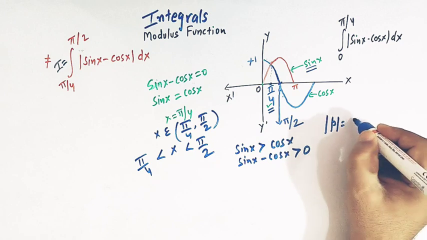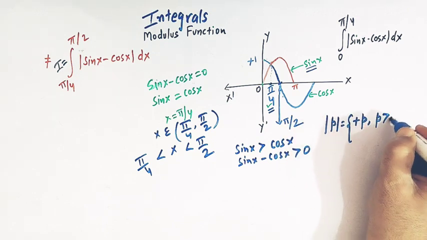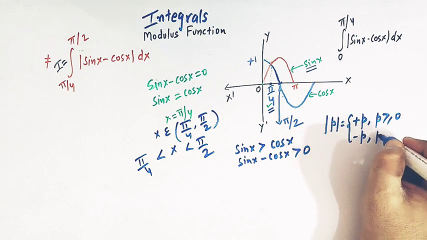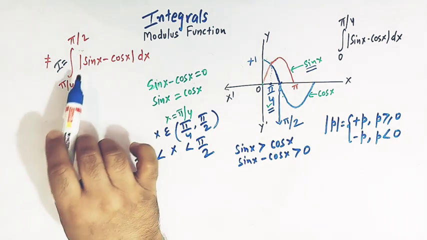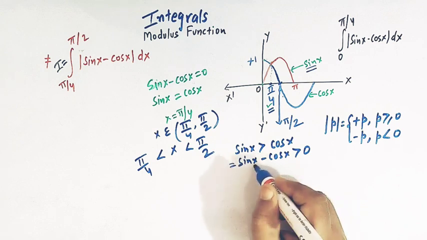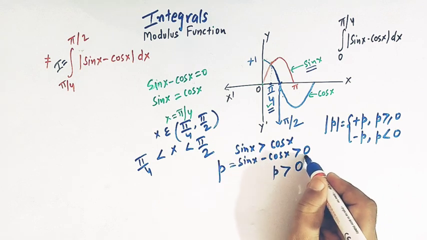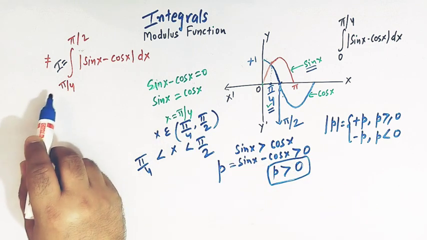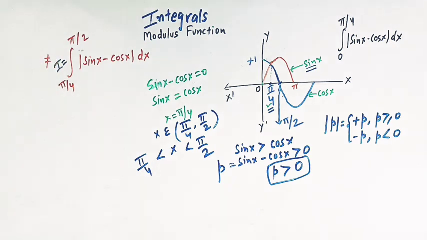Now let us consider the definition of the mod function. Mod of p is defined as positive p whenever p is greater than or equal to 0, and negative p whenever p is less than 0. Here we have mod of sine x minus cos x. If we take sine x minus cos x as p, then p is greater than 0 in the interval pi by 4 to pi by 2, which happens to be our lower limit and upper limit.